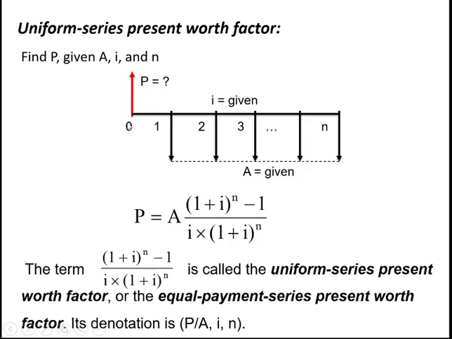We sum up the values of each, and then we have the present worth. That's the first way.